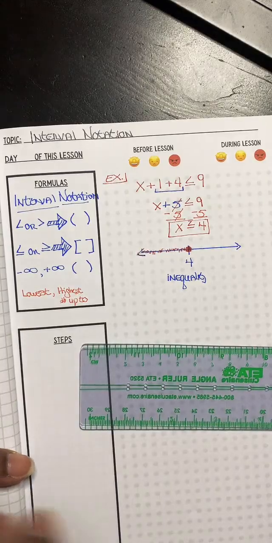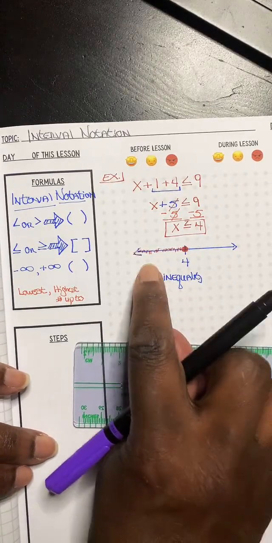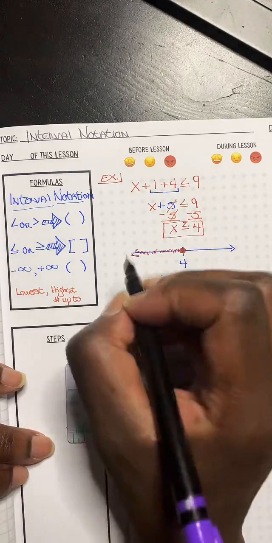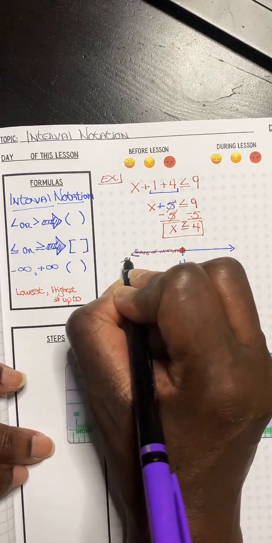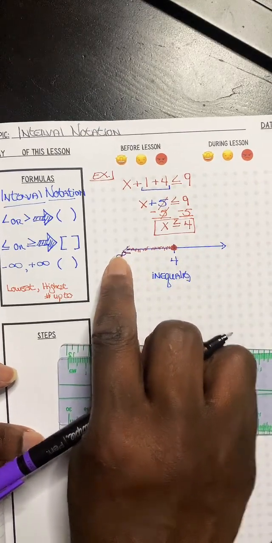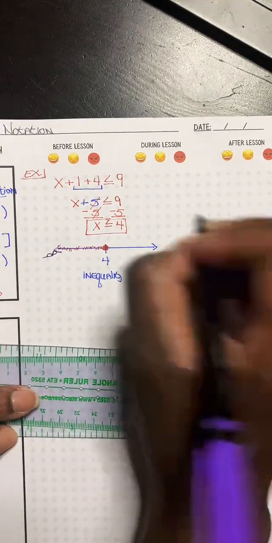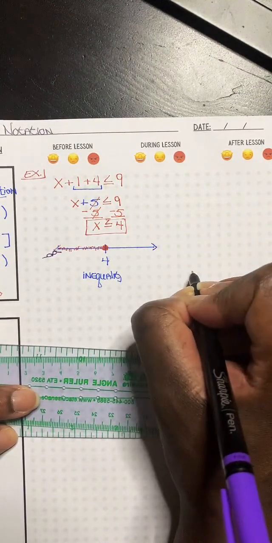All right? So if we were to do this for interval notation, my lowest number is actually going to be negative infinity. Because remember, it keeps going all the way to negative infinity. So if I'm doing the interval notation, I'm going to put that right here.